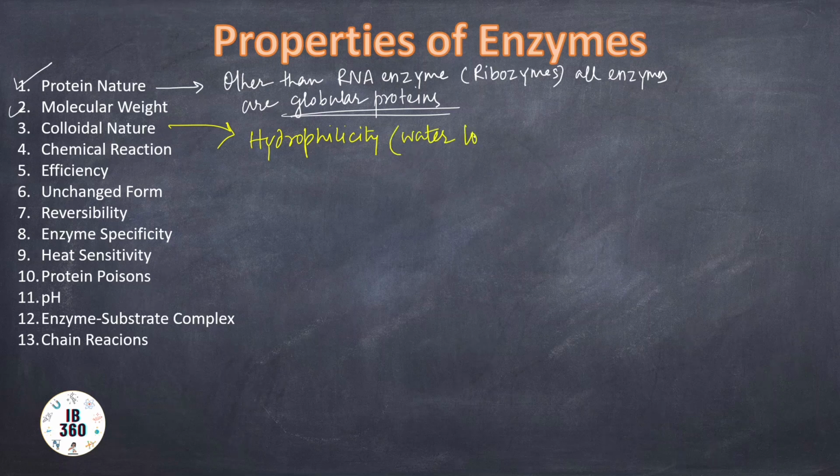Chemical reaction. This is a very important property of enzymes. In fact, it is one of the most important properties out of these 13. See, enzymes do not start a reaction.